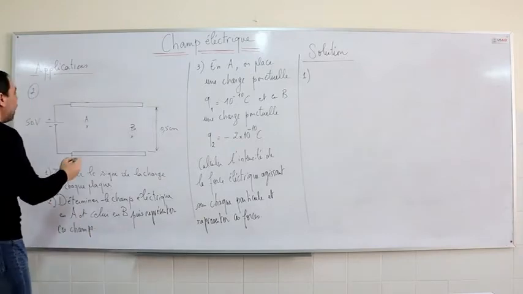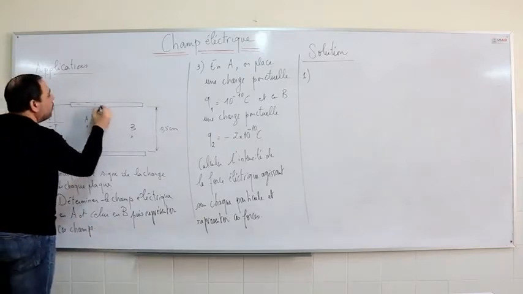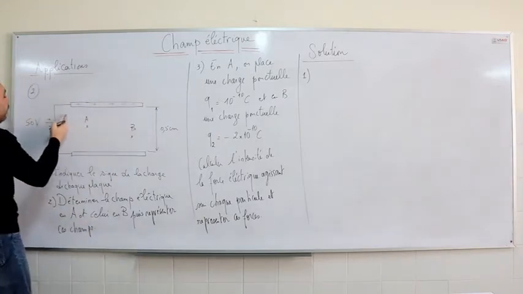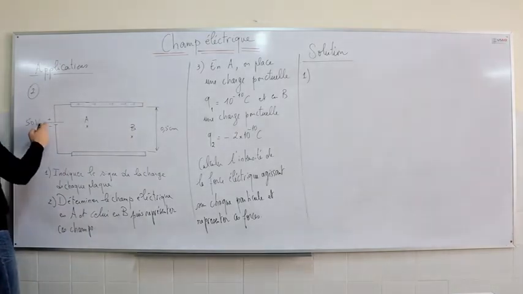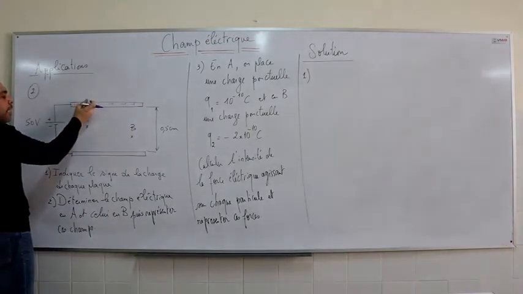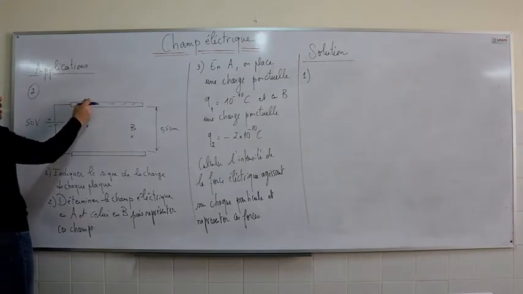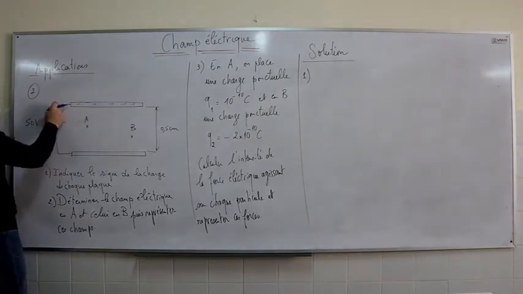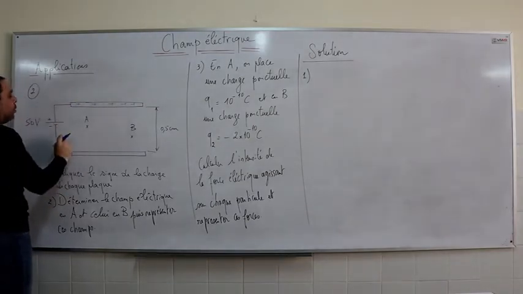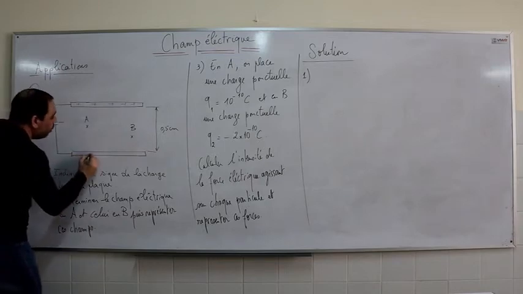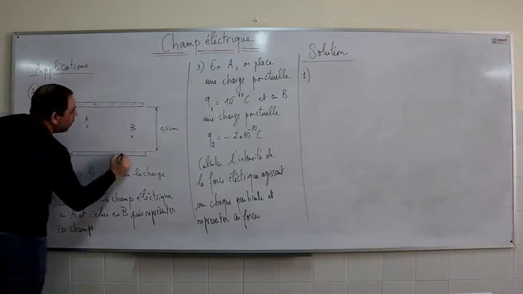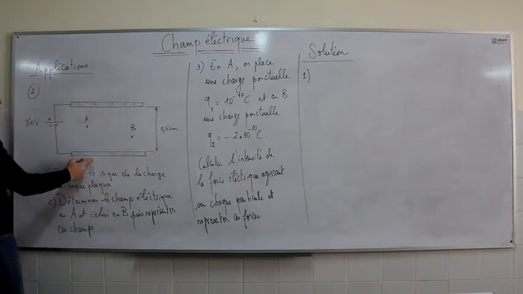This plate is positively charged since it is connected to the positive pole of the generator. So it has the tendency to lose its free electrons. And the other one will gain the electrons. This plate becomes negatively charged.